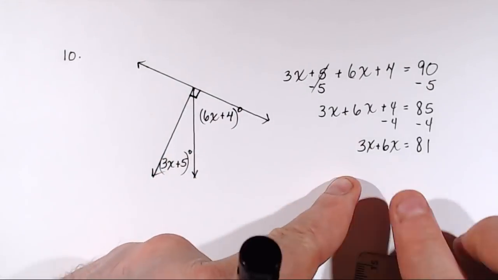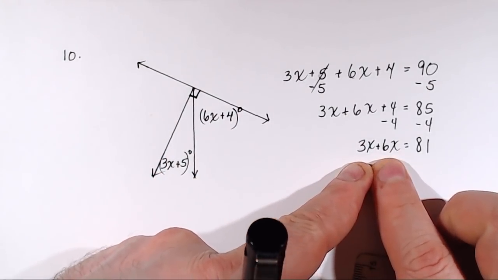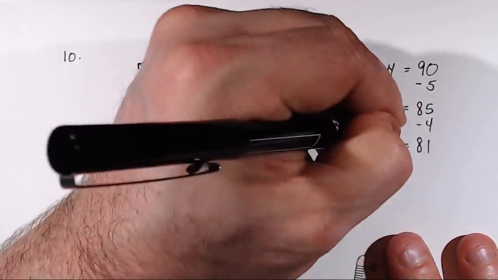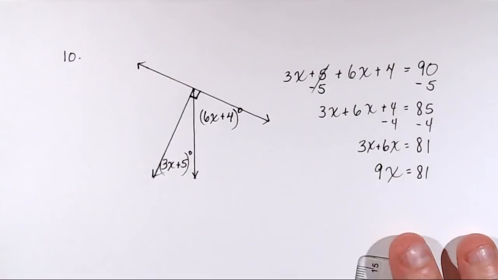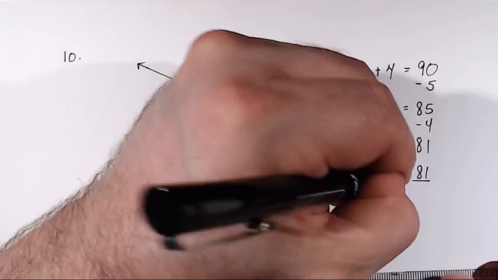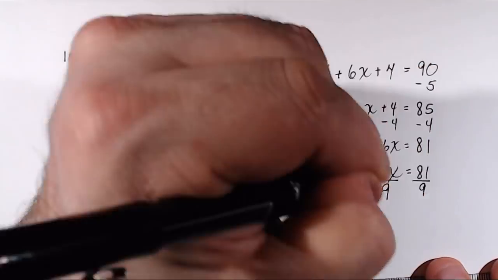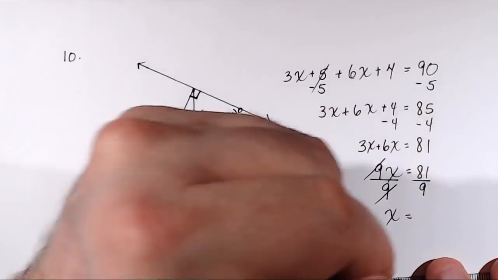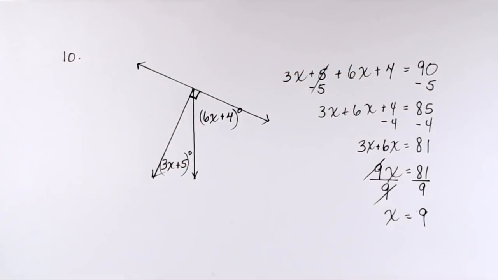Add the coefficients, 3 and 6, because you have the same variables, and you have 9x equals 81. Divide both sides by 9, those 9s cancel, and you're left with x equals 81 divided by 9, which is 9.